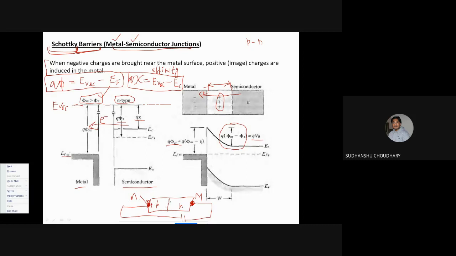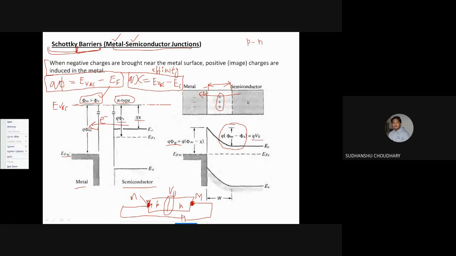And then we also have a separate energy barrier existing because of the PN junction, V0. So the total bias required for this PN junction to conduct should be greater than V0 plus the barrier potential appearing here because of the Schottky contact.